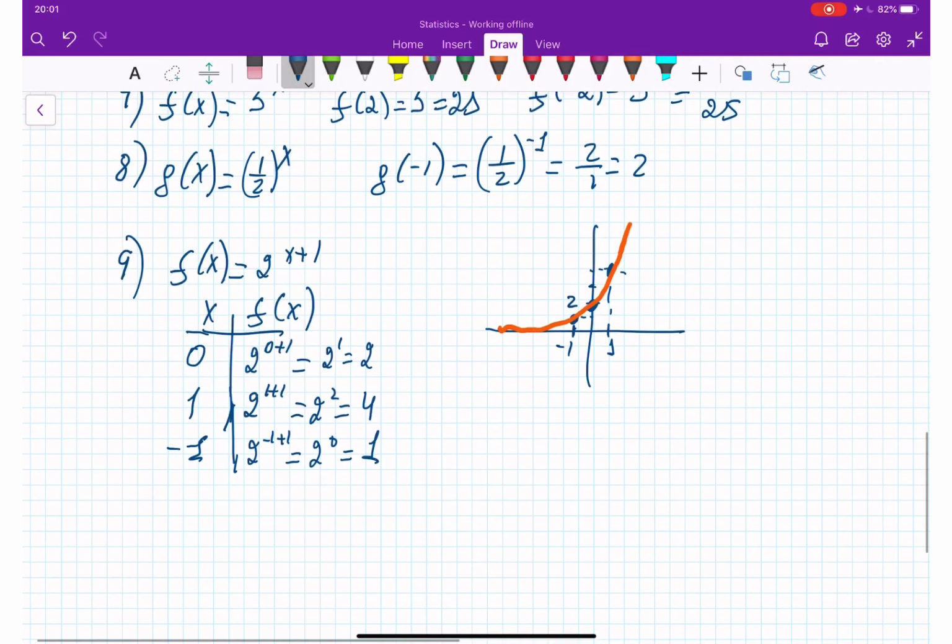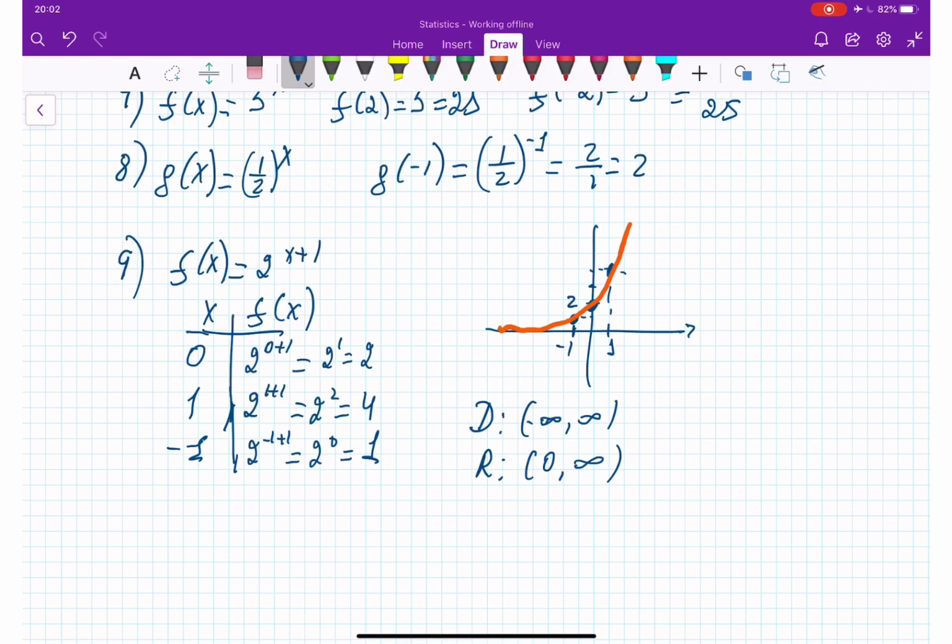Next, what we need to find out is the domain. Well, there is no interruption, domain is negative infinity to positive infinity, but for range, where is it starting? When y is equal to 0. From 0, and it's going all the way to positive infinity because the graph is growing.